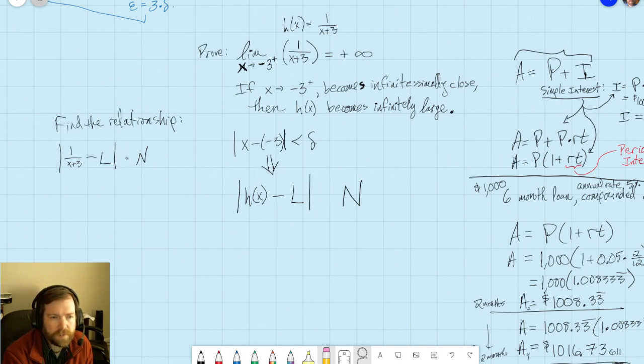So the distance between our current function value and infinity is going to be less than some arbitrarily large number in this case.